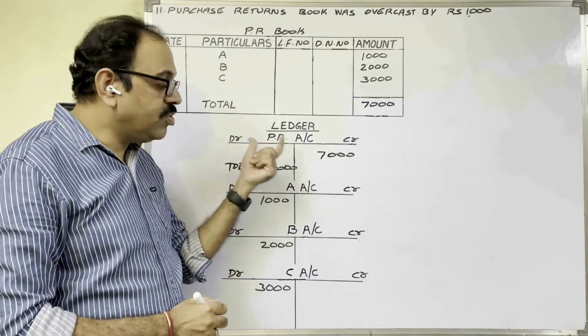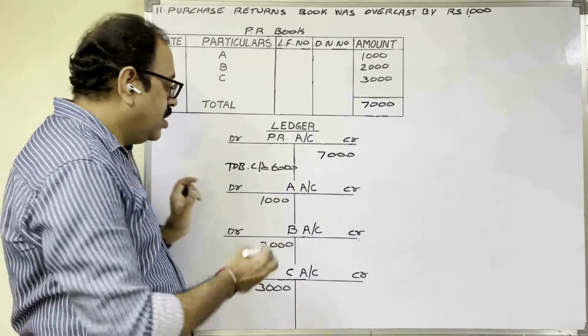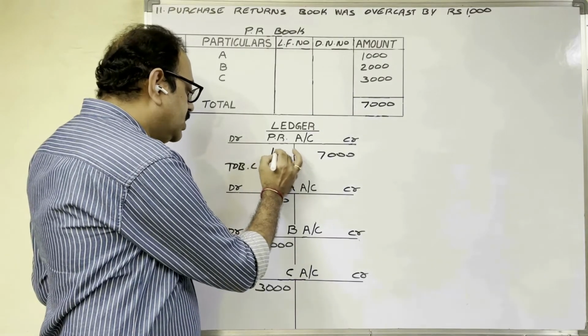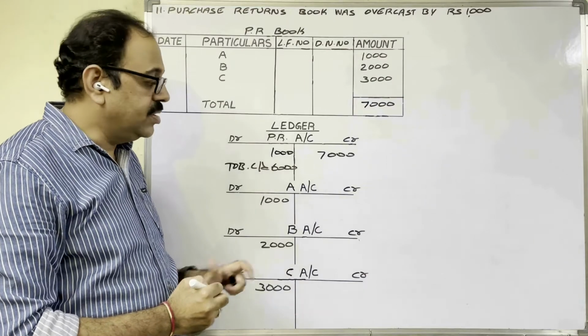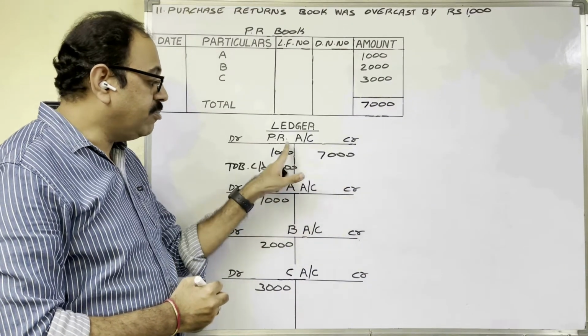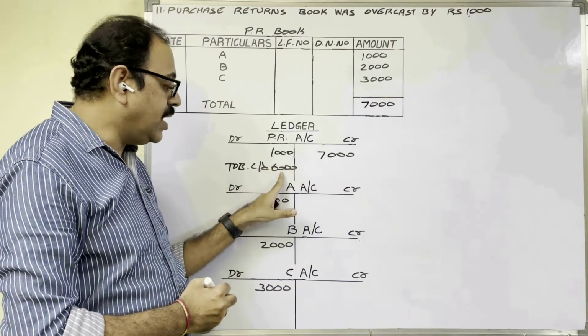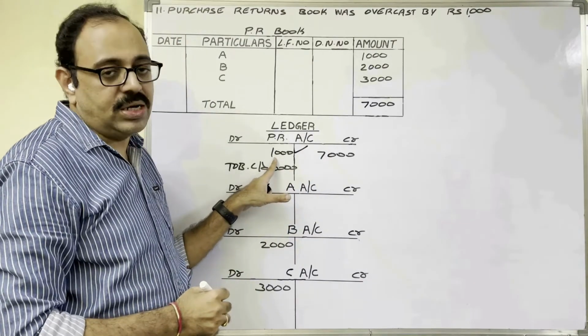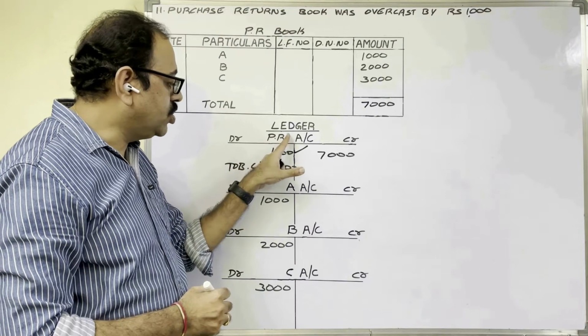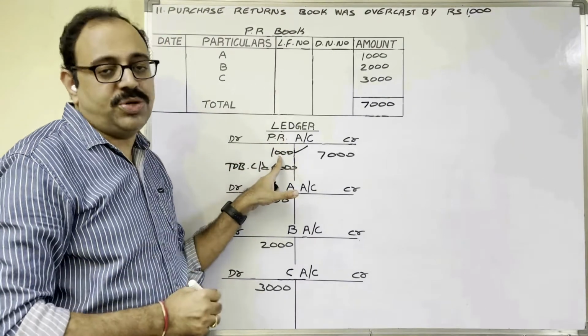Then that 1,000 rupees we should write on debit side. If you write on debit side 1,000 rupees, then 7,000 minus 1,000, balance carried down becomes 6,000 rupees. So this is our answer. Purchase returns account should be debited with 1,000 rupees.